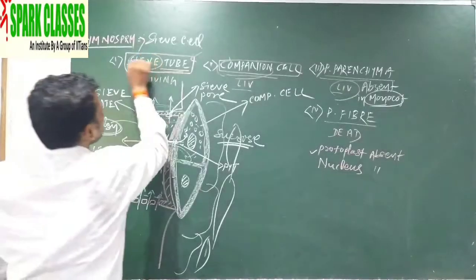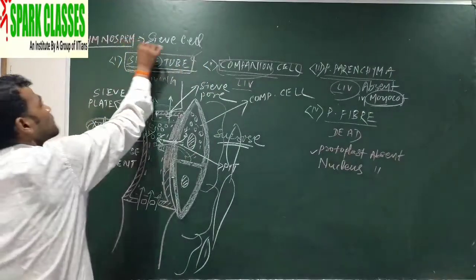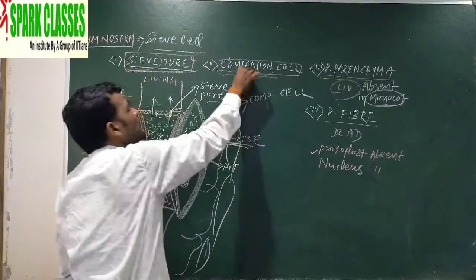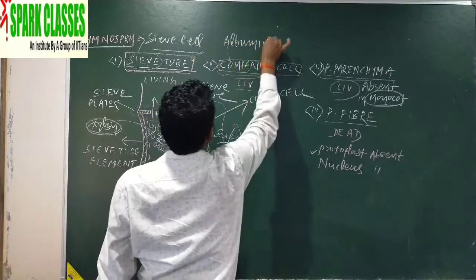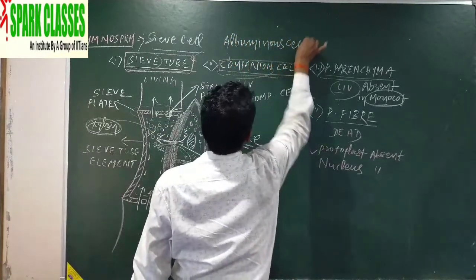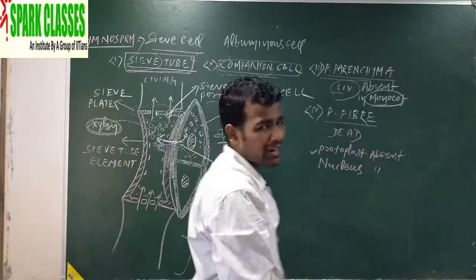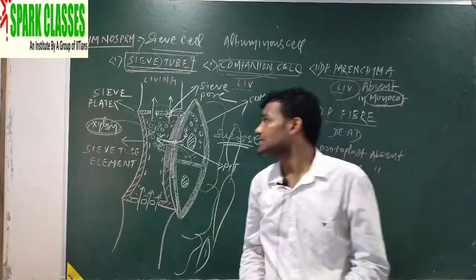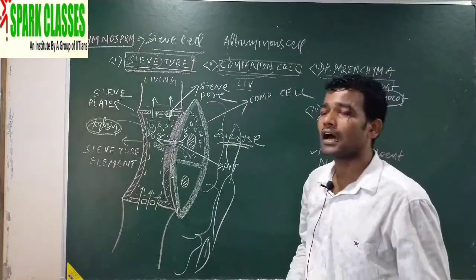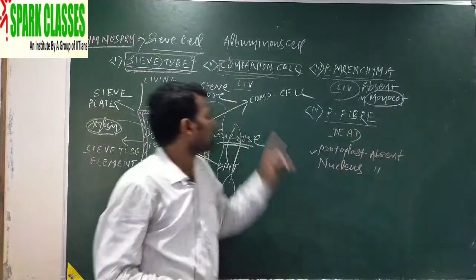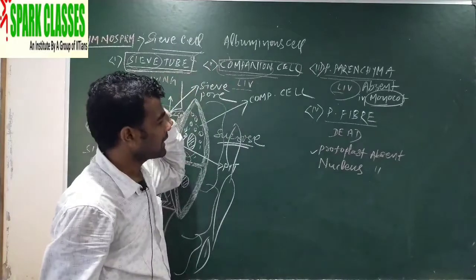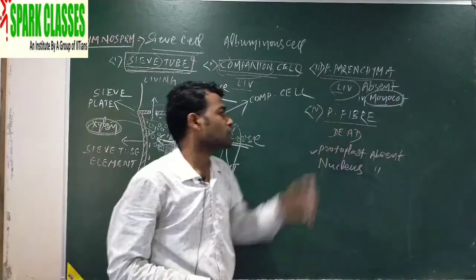So instead of sieve tube, sieve cell is present in gymnosperm, and in place of companion cell, there is albuminous cell. These two cells you have to remember. So gymnosperm lack sieve tube and companion cell, but contain sieve cell and albuminous cell. This is all about sieve tube, companion cell, phloem parenchyma, and the last is phloem fiber.